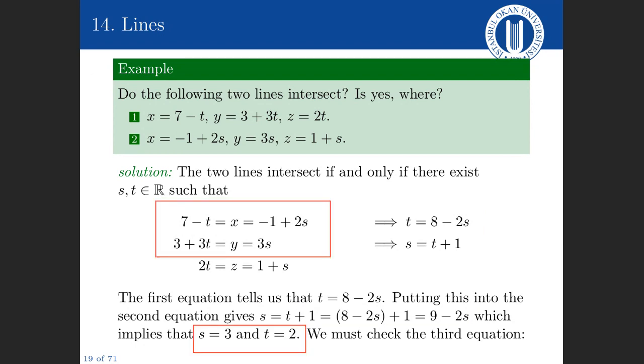If s is 3 and t is equal to 2, then the first two equations are true. We're asking, do the two lines intersect? Now we must look at the third equation. If the third equation is also satisfied, then the two lines intersect. If the third equation is not true, then the two lines do not intersect.